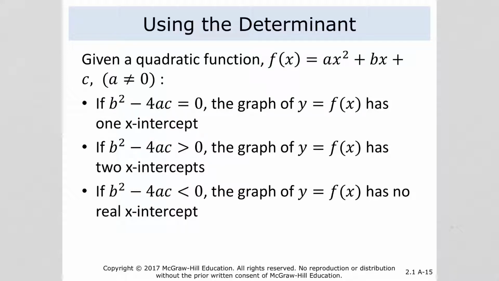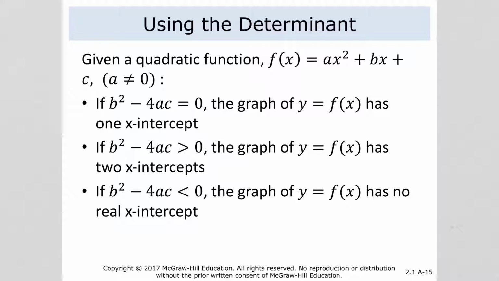And if you'll remember when you use the quadratic formula, if that number under the square root, the discriminant, is 0, then we end up with just one x-intercept because there's nothing to plus or minus there. If it is positive, then we have two x-intercepts because we say plus or minus there.